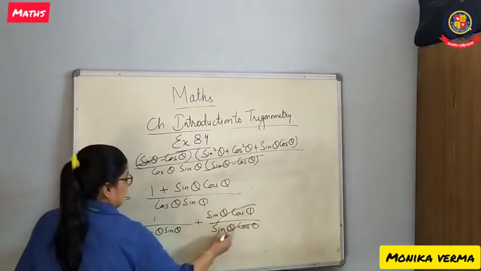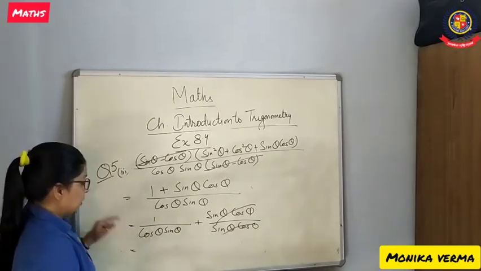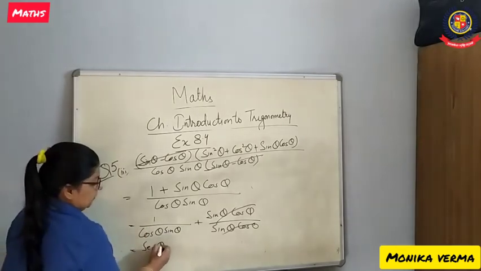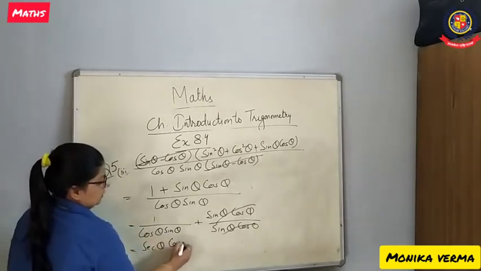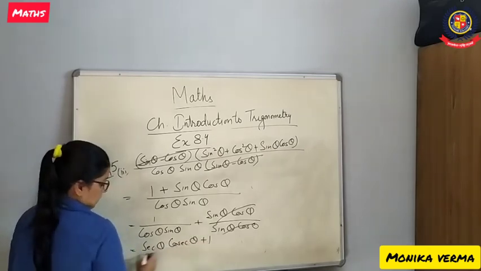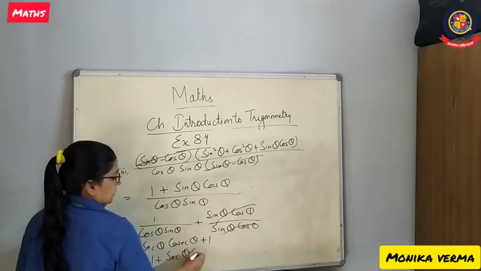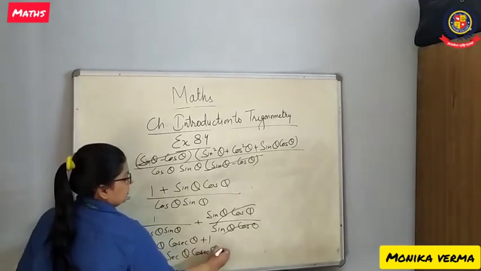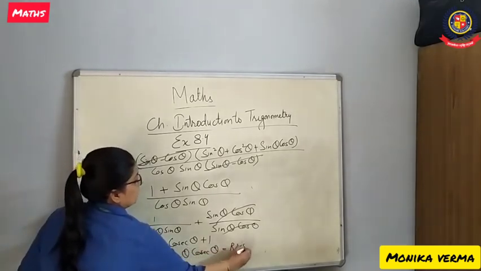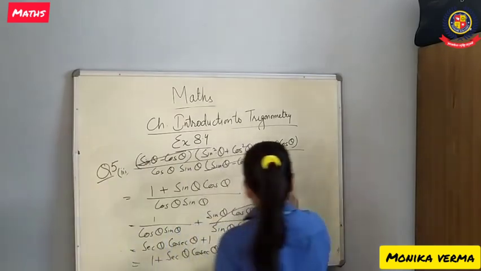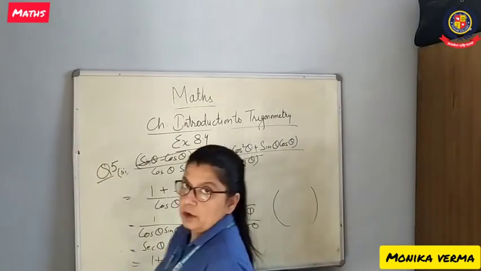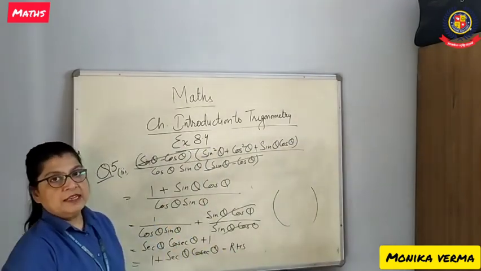It can cancel, and 1 upon cos is sec theta, 1 upon sin is cosec theta, plus 1. So we got 1 plus sec theta cosec theta, which is equal to RHS, and here you have to write the reason also. I hope you understand what we have done.